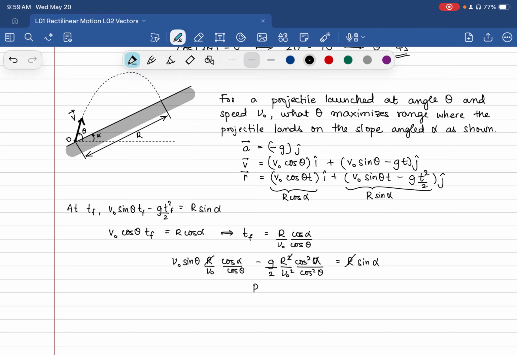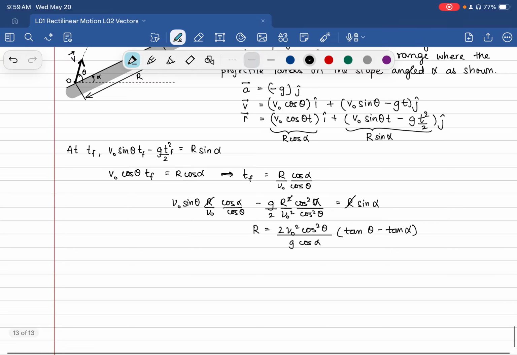You will get r is equal to 2 v naught square cos square theta over g cos alpha, times tan theta minus tan alpha. Okay, because you'll have sine theta, cos theta, and sine alpha, cos alpha appearing. So you get this as your range.